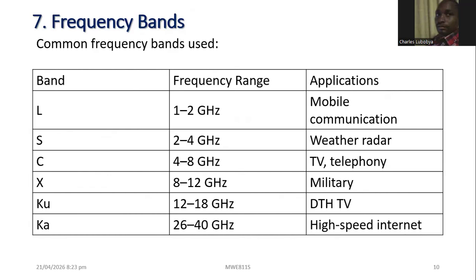For TV and telephone, you can operate in the C band, which is 4 to 8 gigahertz. And then for military it is 8 to 12 gigahertz. And for DTH TV and high-speed internet, they operate in the 12 to 18 gigahertz and 26 to 40 gigahertz respectively, which is essentially the Ku and the Ka band.